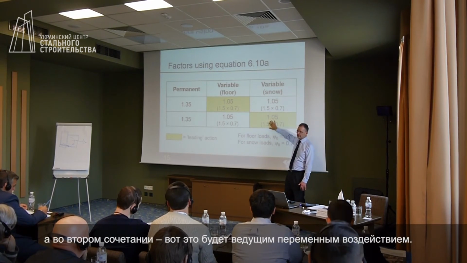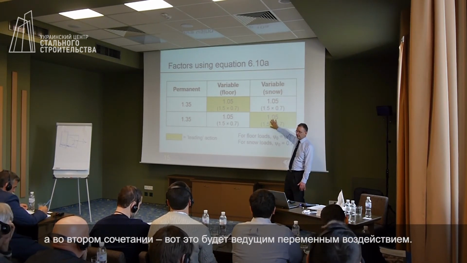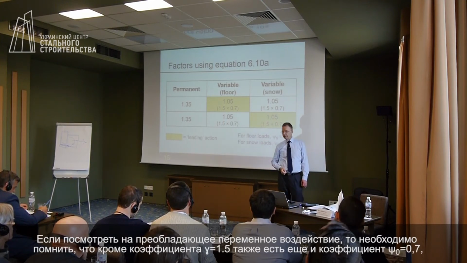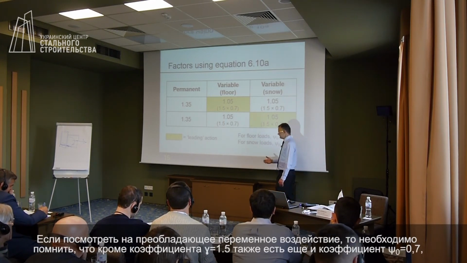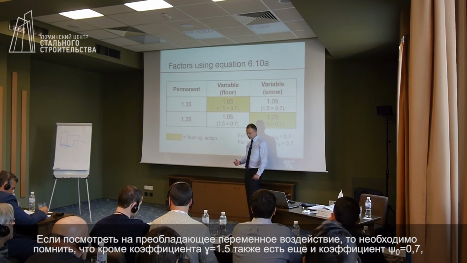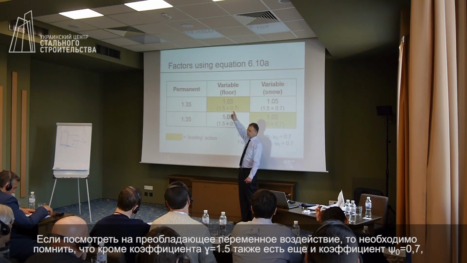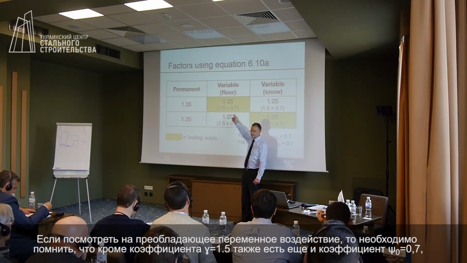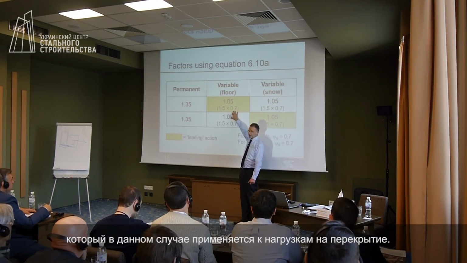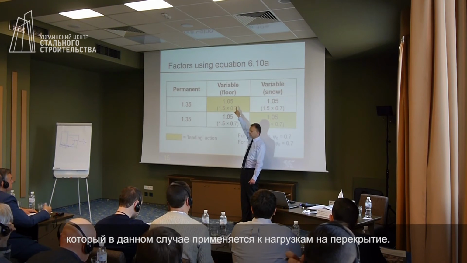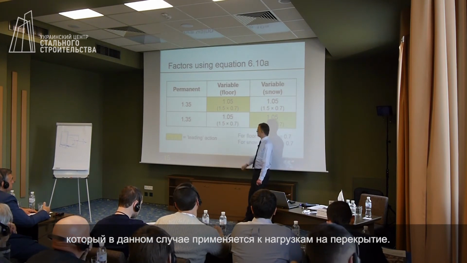In this combination, this is the leading variable action. And from a few slides ago, you'll remember that the leading variable not only has the gamma factor, 1.5, it also has the psi factor. And that will be the psi factor that belongs to that type of load, in this case the floor load.